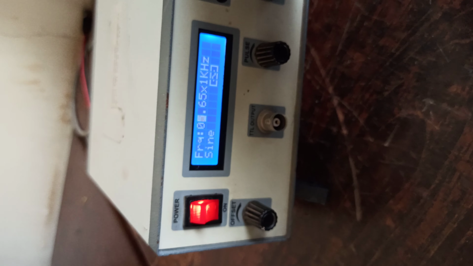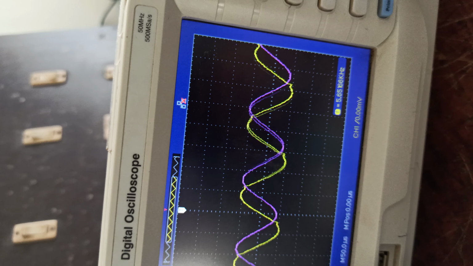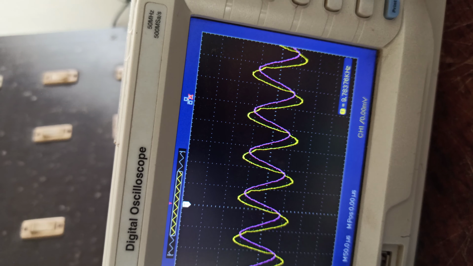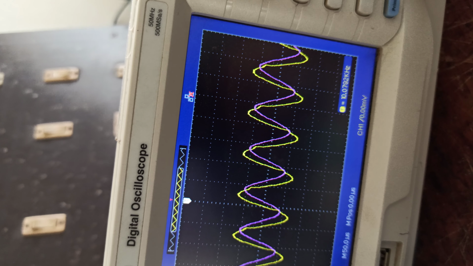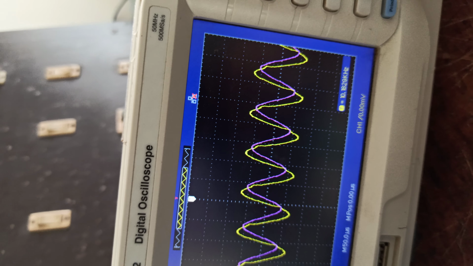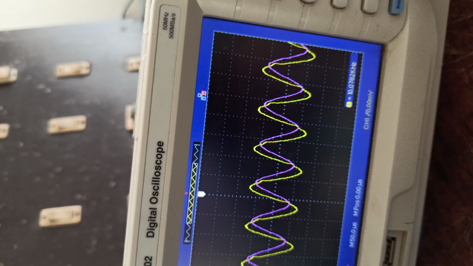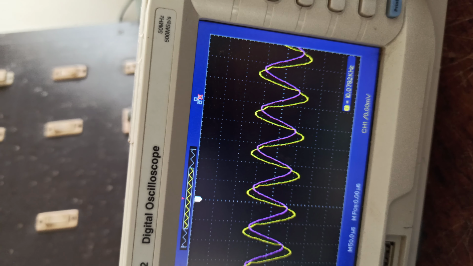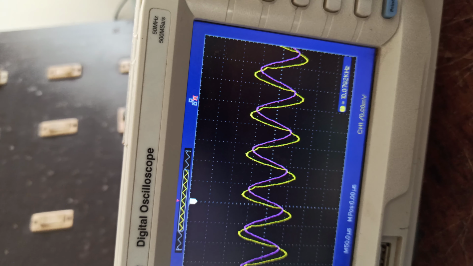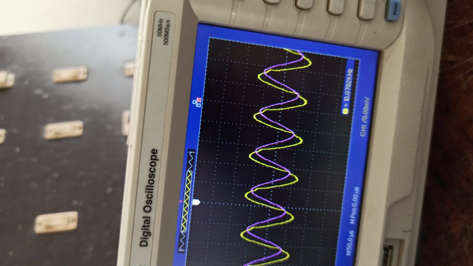When it crosses the cutoff frequency, that is when it crosses 5 kilohertz, the peak to peak value is increased, and it is constant for signals of more than 5 kilohertz. So this is the output you should get. The purple color line is the input and the yellow color is the output.